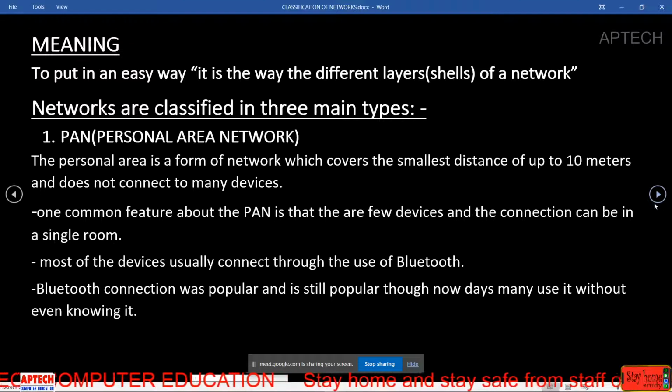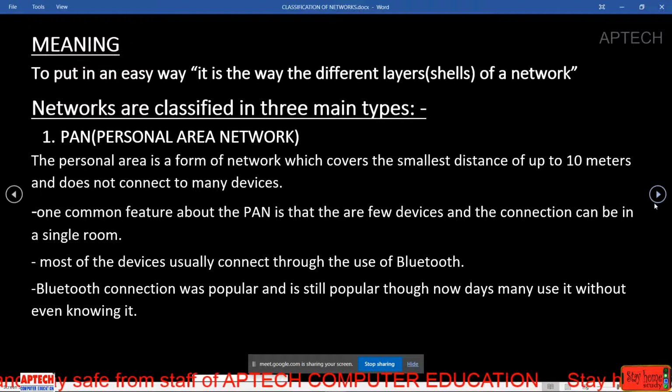To put it in an easy way, it's like the different layers, or shells, of a network. The more you get out of your rooms, out of the country, out of everywhere, as long as you're connecting online, there's a different type of network you're connecting to.